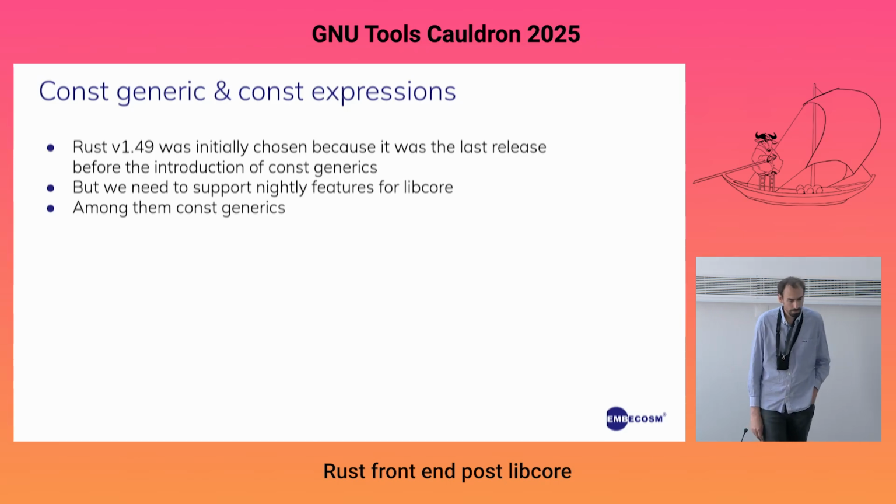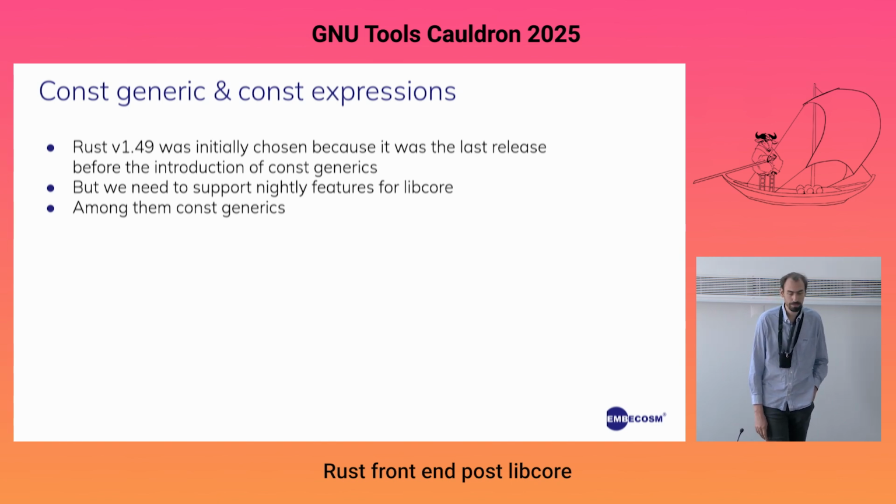Okay, so among the past few improvements, we've got the const generics and const expressions. We chose a few years ago that we would target Rust version 1.49 because it was the last release before the introduction of const generics.